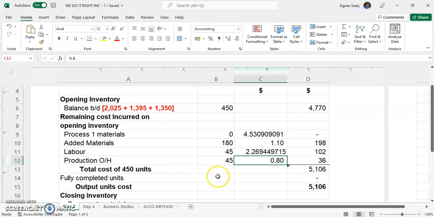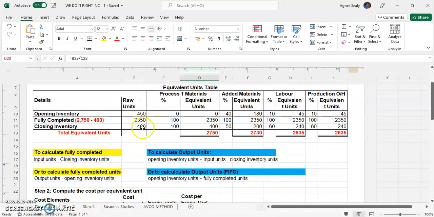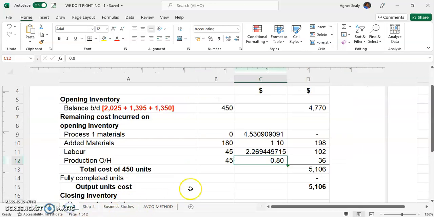So how much is our fully completed units? Our fully completed units are 2,350 units. So that's our fully completed units.